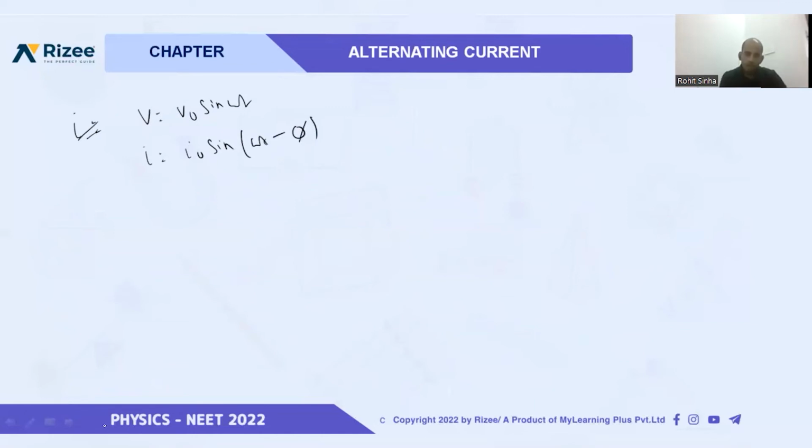Now see here, it was a general value, plus or minus phi. If XL is greater than XC, or we can say VL is greater than VC, then we have studied that phi is equal to tan inverse what?